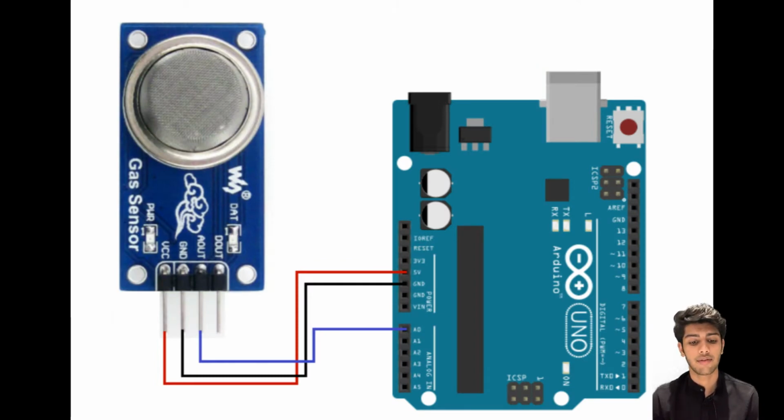Since we're using analog output, the more harmful gas there is in the environment, the higher the analog output that we receive. In this circuit diagram, we connect VCC to the 5 volts, ground to the ground pin, and A out to our A0 channel, where we will be using the analog read function to get our values.